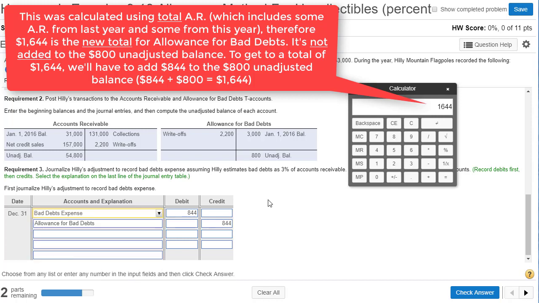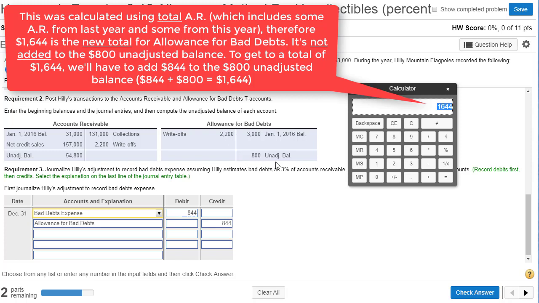Now, some students get confused about why this 1644 is the final number, and why we do not just add it on to the unadjusted balance. Well, let's make this simple. Let's say our AR was 0. In other words, no one owes us anything. So what should the allowance for bad debts account be?